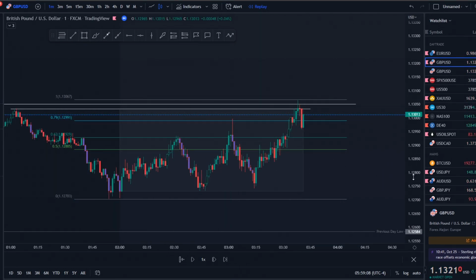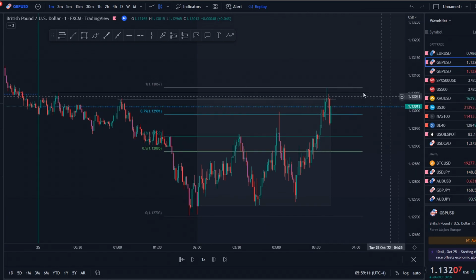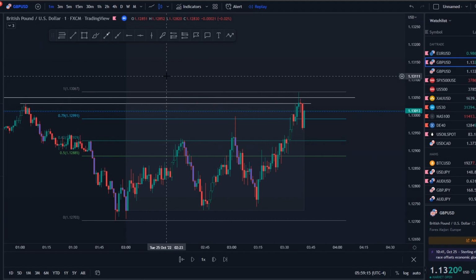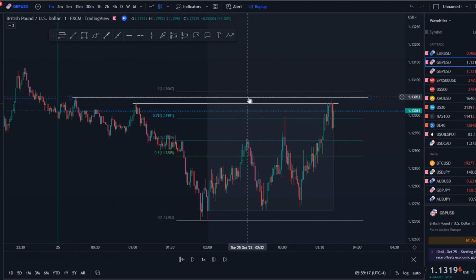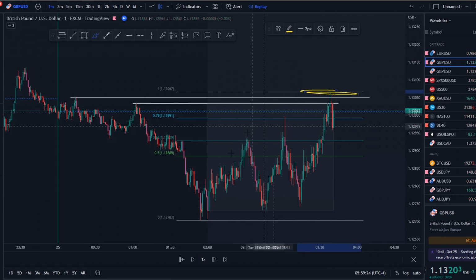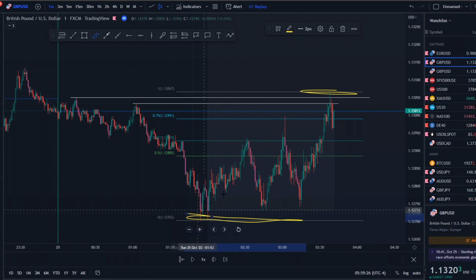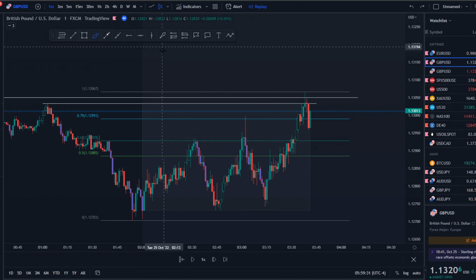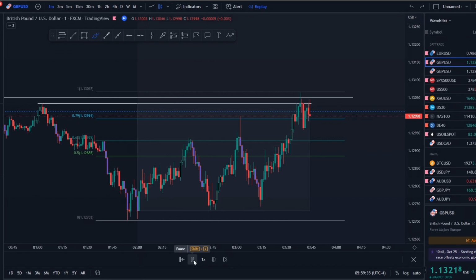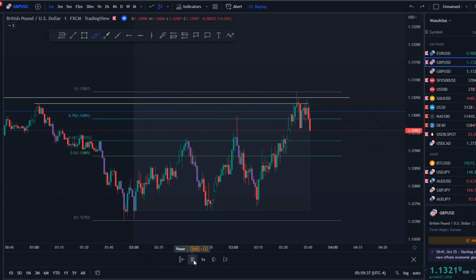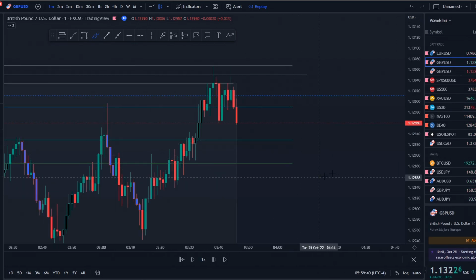Anyway, what I was looking for is some kind of a structure break, right? So it's the daily high right here, right there, daily low right there. So I was looking for some kind of a break, which, well, I thought that it's gonna happen, and this was my mistake, right?